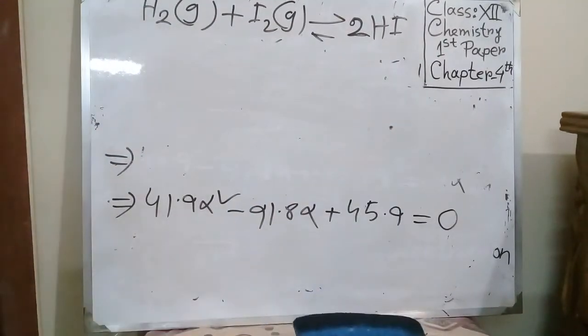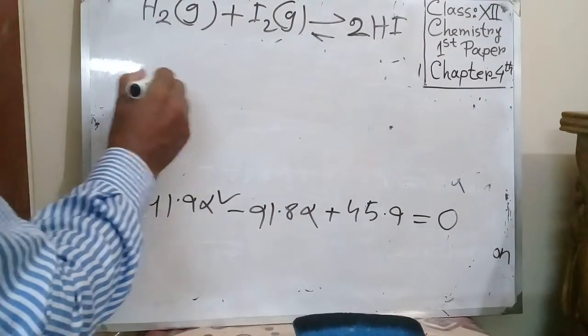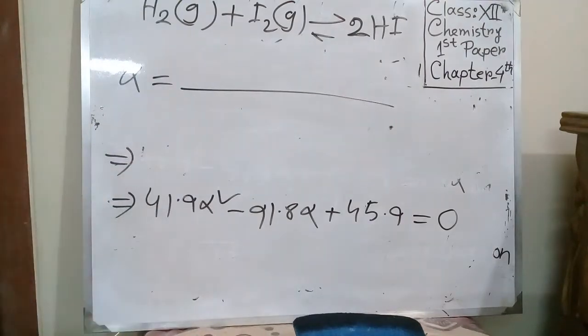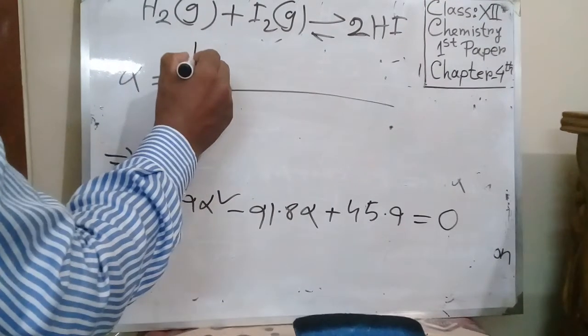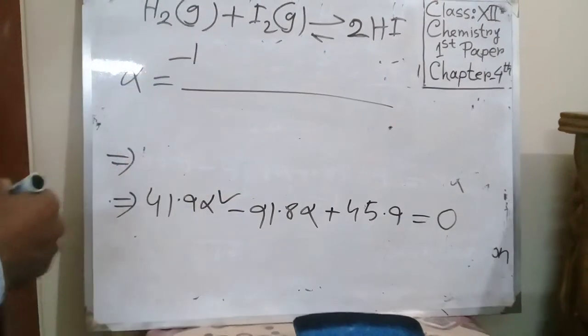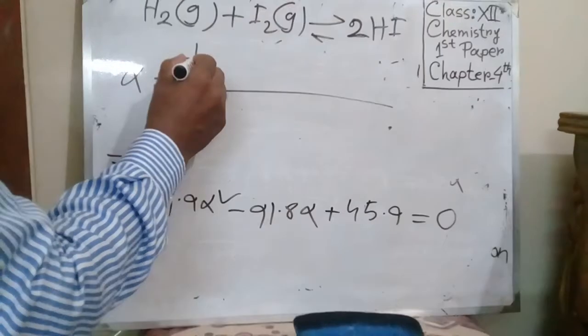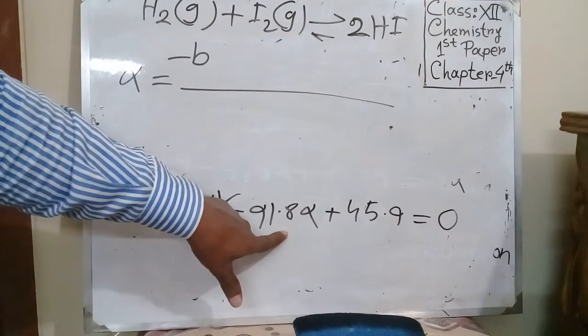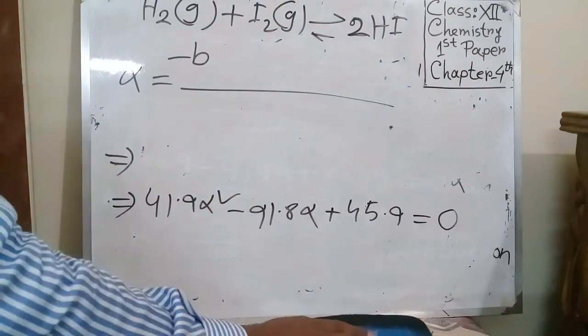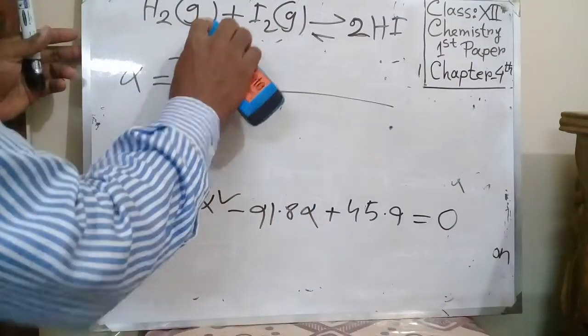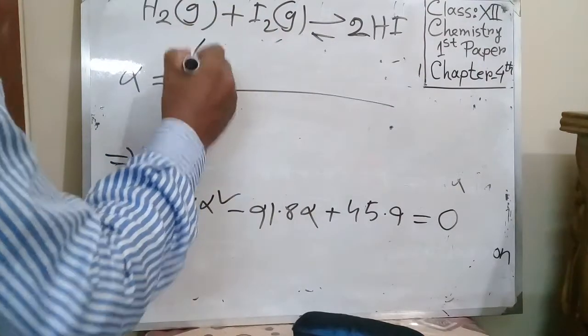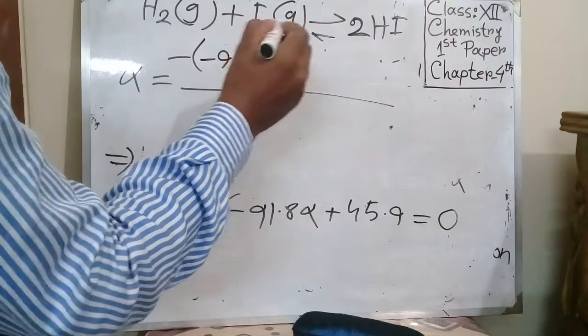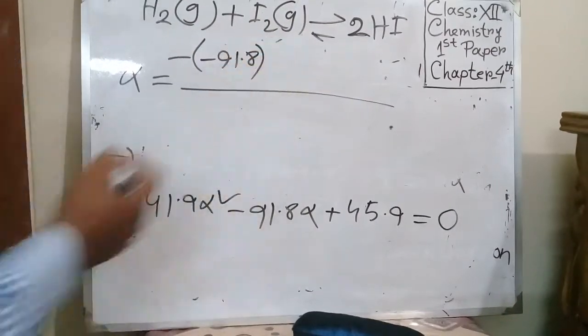Then what? So alpha equal to minus b. So minus from the formula, and minus b is minus b, but what is b here? b is minus 91.8. So instead of b here I will write minus 91.8, minus b.